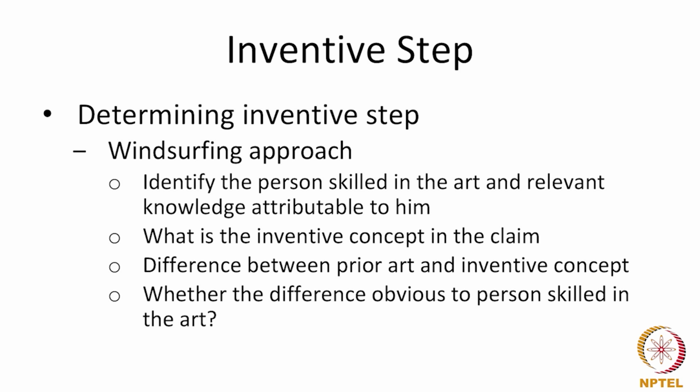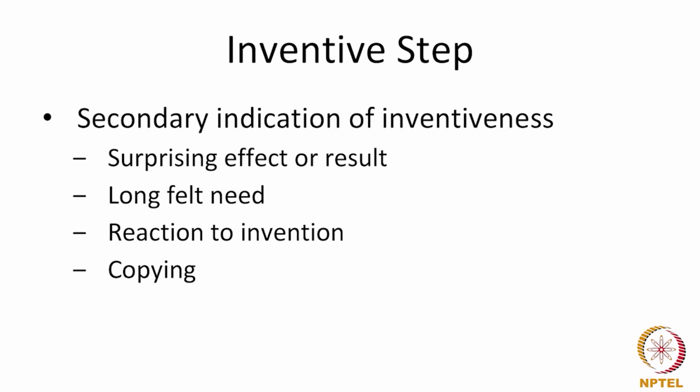So, we found that these 2 approaches, the problem and solution approach and the windsurfing approach, tell us what are the steps that could be considered in determining inventive step. There are certain secondary indications of inventiveness.